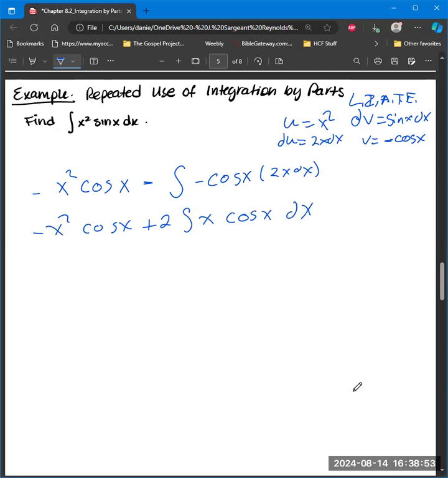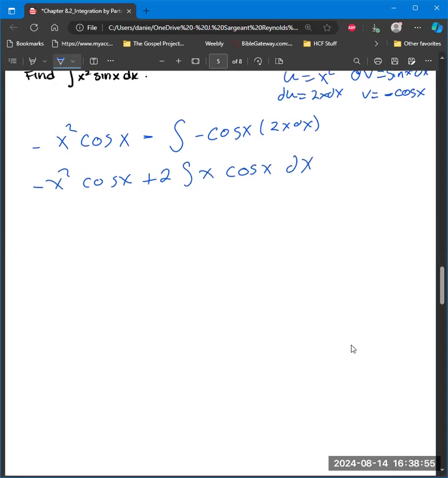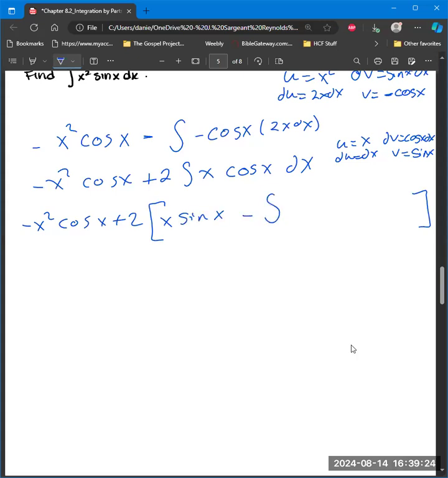I'm still in the same situation where I don't have a simple integral here. So again, I'm going to let u be the algebraic piece and dv be the trig piece. Du is going to be dx and v is going to be sine x. So we have negative x squared cosine x plus 2 times, big brackets here, u times v minus the integral of v du.